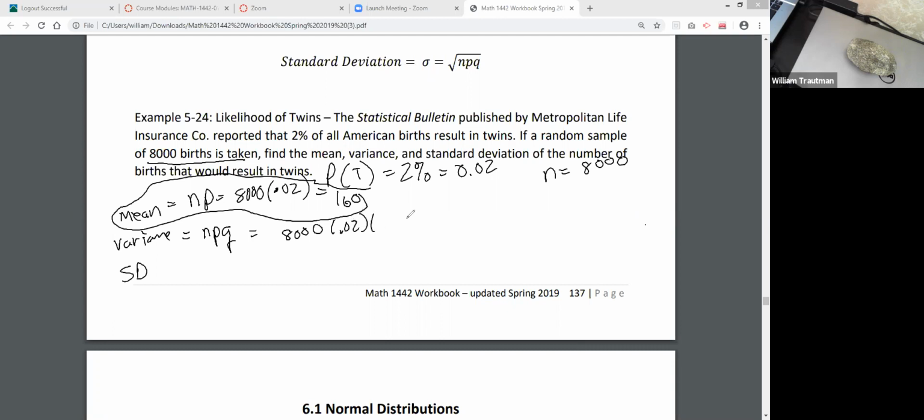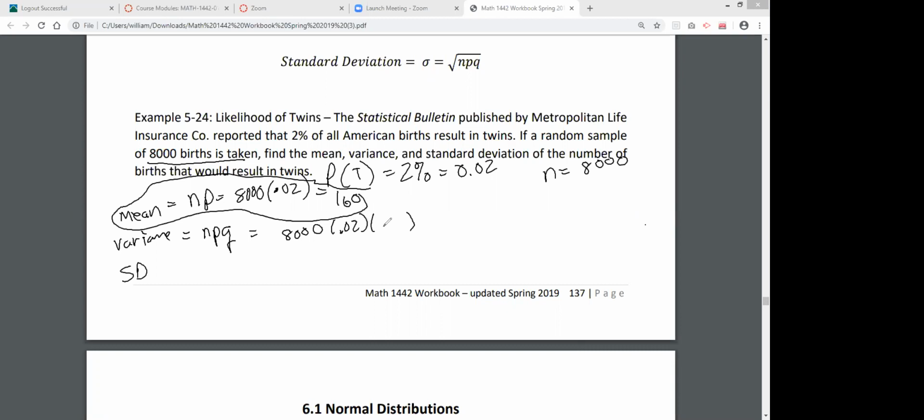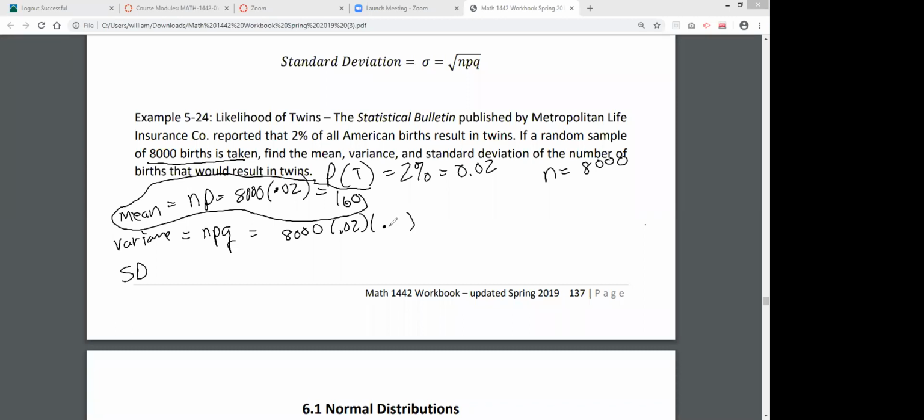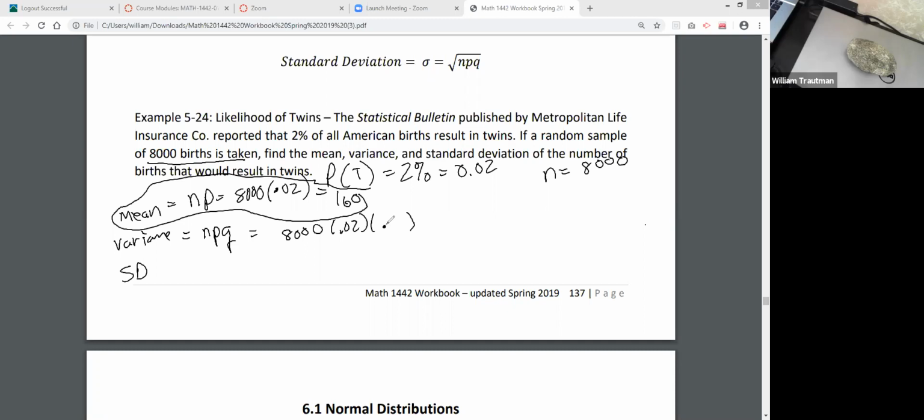Can somebody tell me what our Q looks like? What is our Q? 160? No. Anybody else? It's 0.98.